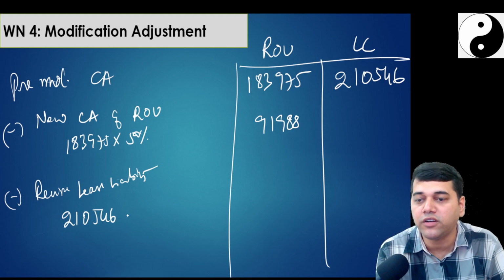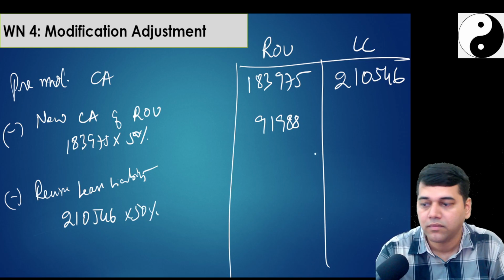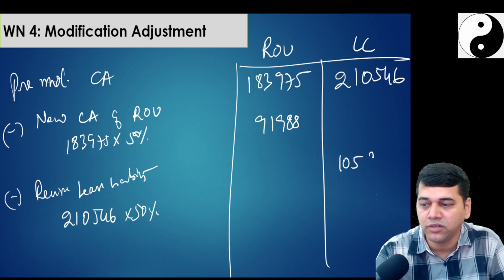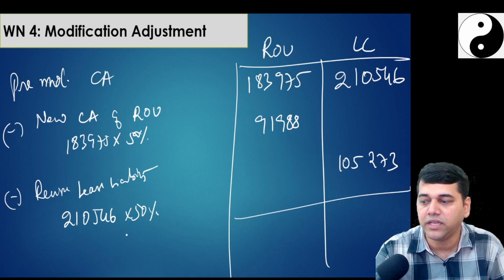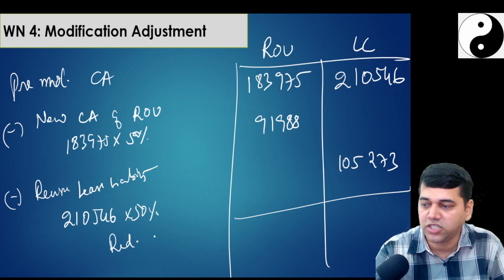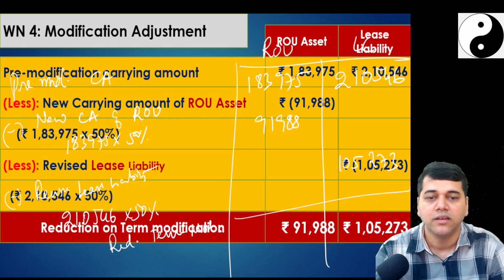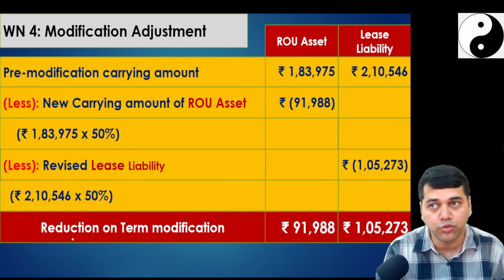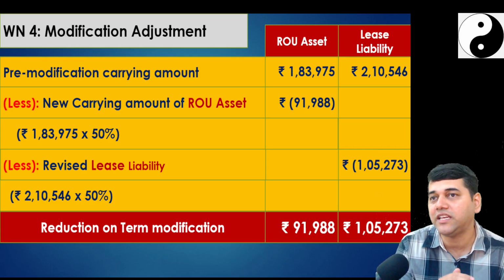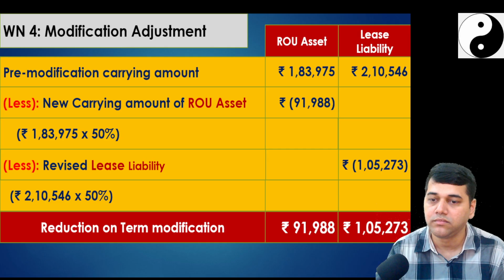So you take 2,10,546 into 50%. 1,05,273. So because of the quantity, how much is the reduction in term modification? You say 91,000 I have to credit ROU, 1,05,000 I need to debit lease liability.